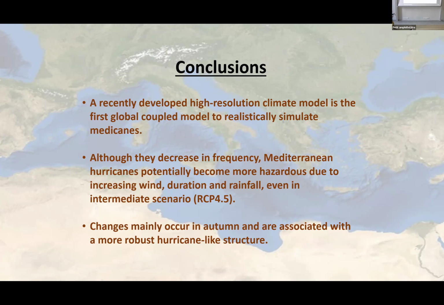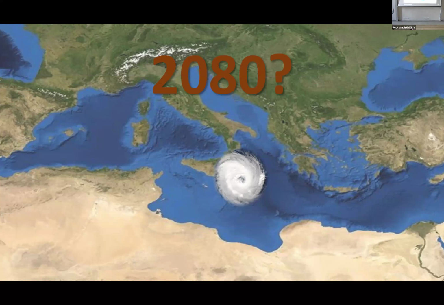We find an increase in the frequency, but they potentially become more hazardous due to increasing wind, duration, and rainfall, even in an intermediate scenario. The changes mainly occur in autumn and are associated with a more robust hurricane-like structure. So maybe at the end of the century, based on these results, we will see this kind of cyclone in the Mediterranean Sea.